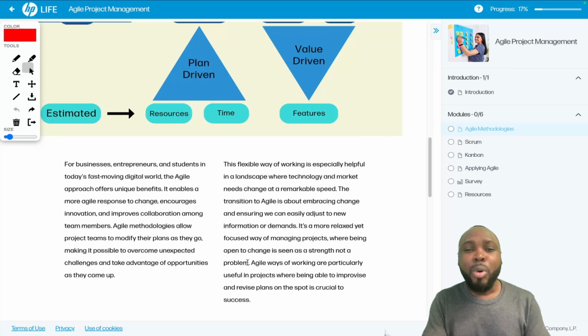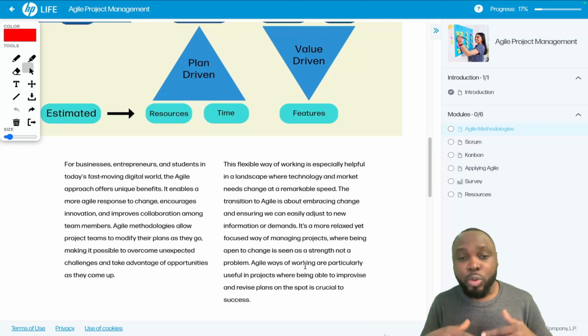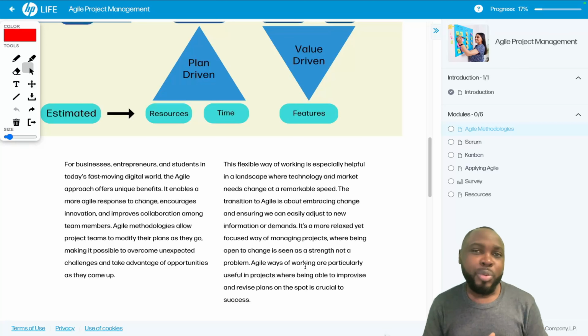So it's more of a relaxed yet focused way of managing projects, where being open to change is seen as a strength and not a problem. So agile ways of working are particularly useful in projects where being able to improvise or revise plans on the spot is crucial to the success of the project.